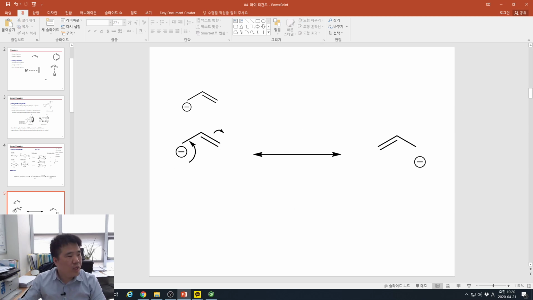Because allyl has this resonance structure, we usually draw the allyl structure like this. Total minus.